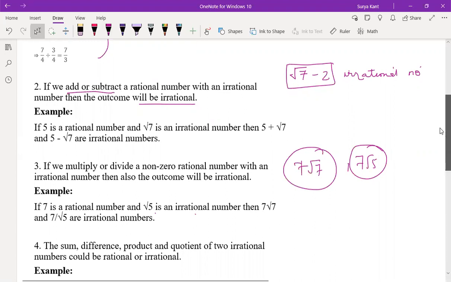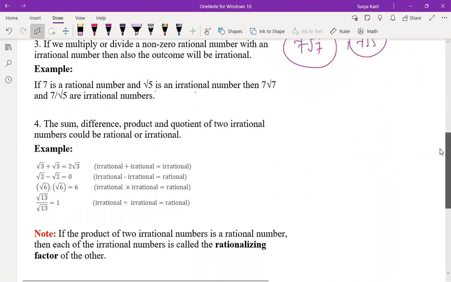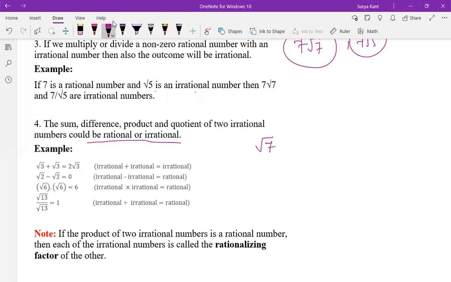Next, the sum, difference, product, and quotient of two irrational numbers could be rational or irrational. Suppose root 7 multiplied by root 2 is root 14.